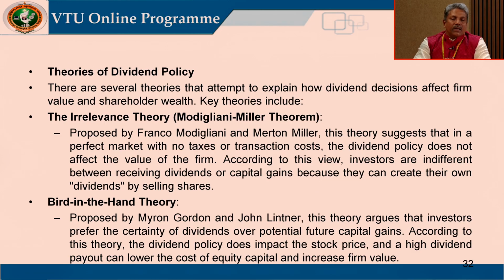So, this theory is based on a condition: in a perfect market with no taxes or transaction cost, payment of dividend is not required. That is not going to affect the value of the firm.